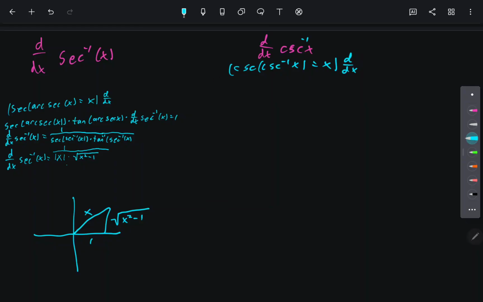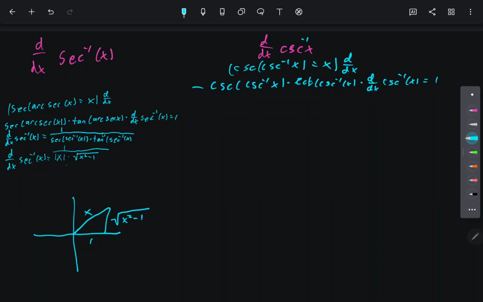The derivative of cosecant is negative cosecant times cotangent, so we get negative cosecant of cosecant inverse of x times cotangent of cosecant inverse of x times d over dx of cosecant inverse of x is equal to 1.